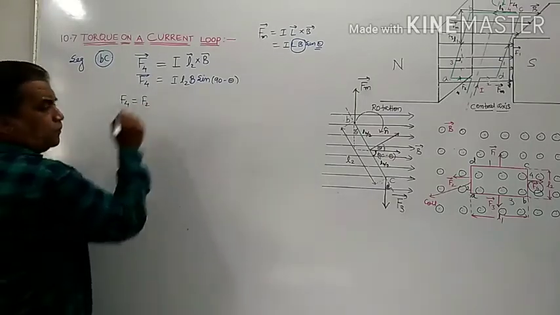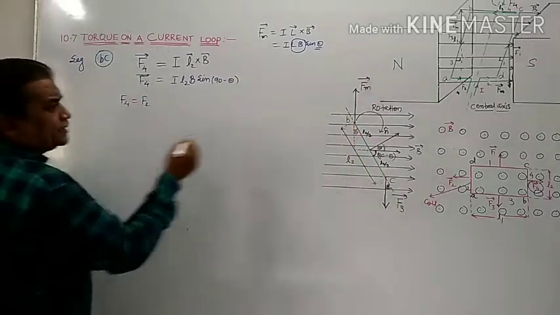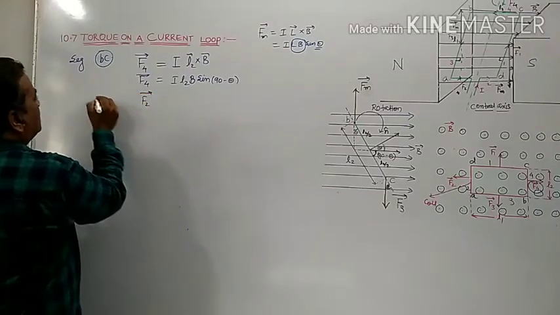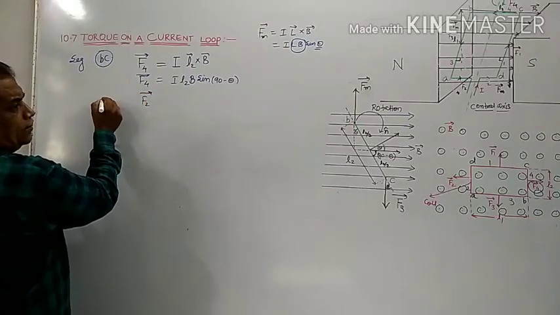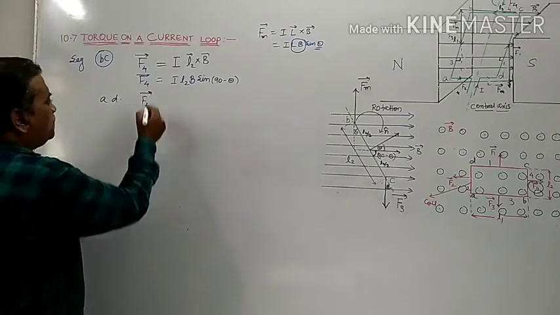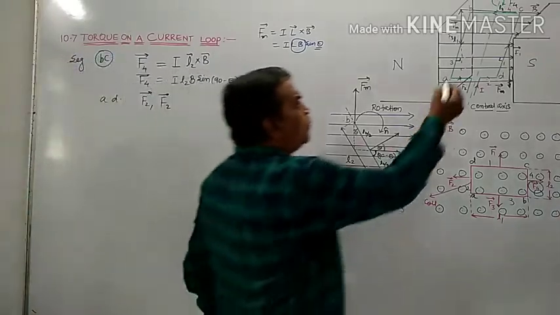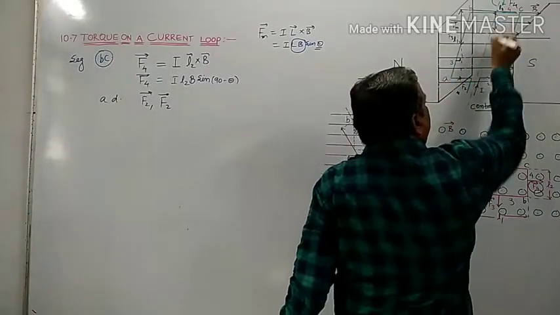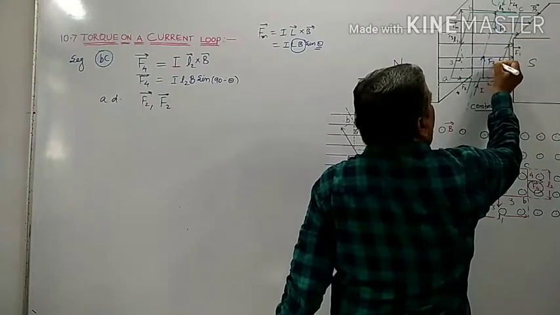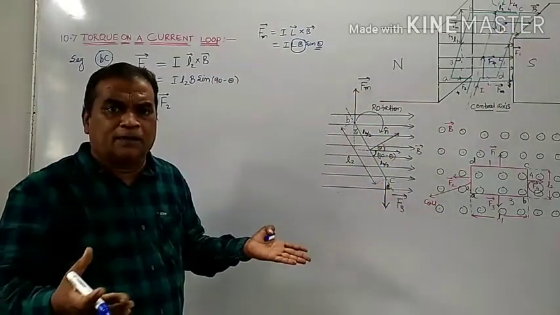F4 equals F2. F2 is the magnetic force acting on segment AD. So these two forces, F2 and F4, are equal in magnitude but opposite in direction.